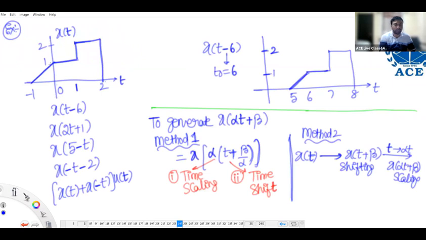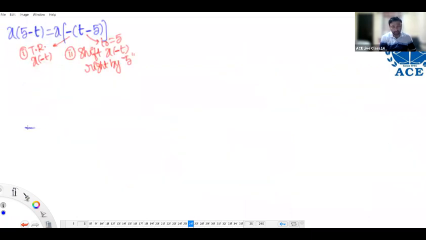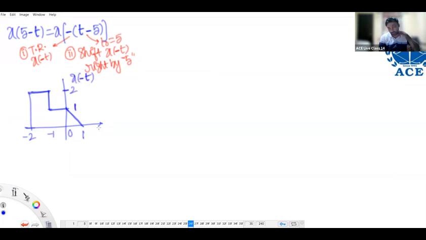If you rotate with respect to the y-axis, this triangular segment on the right side and this complete portion on the left side swap. So the x of minus t graph is going to appear like this if you rotate with respect to the y-axis. Flip the signal with respect to the y-axis.